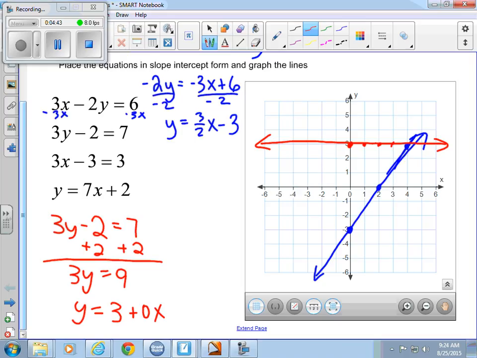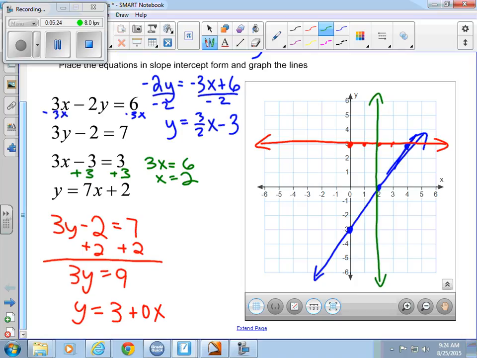Okay, let's look at the 3x minus 3 equals 3. So I would add a 3. We have zero slope with this one.